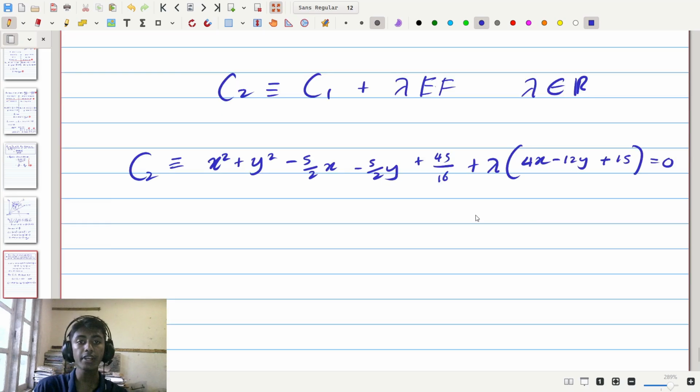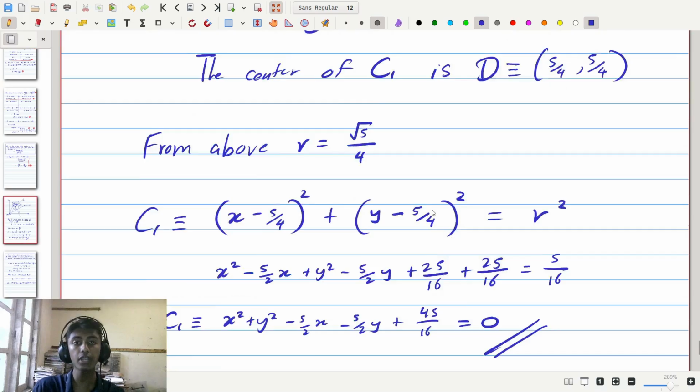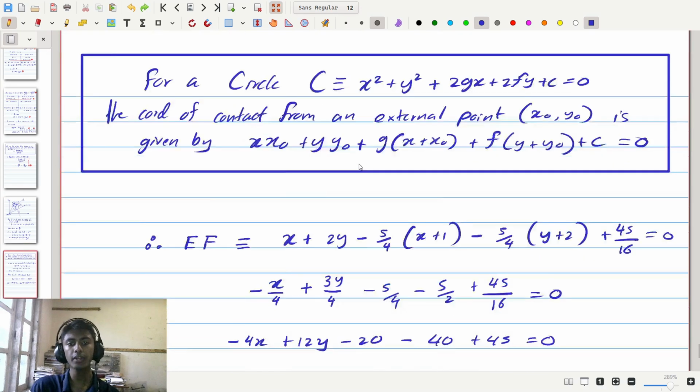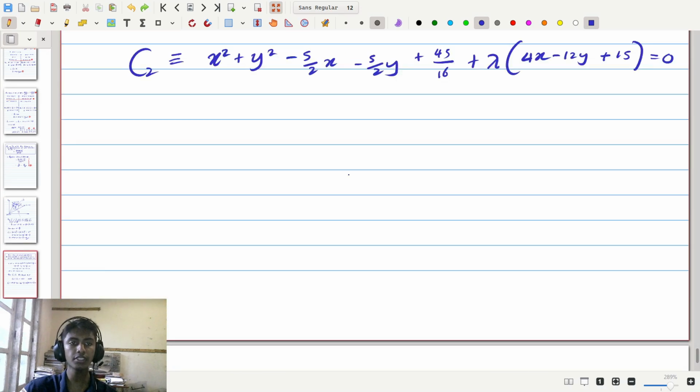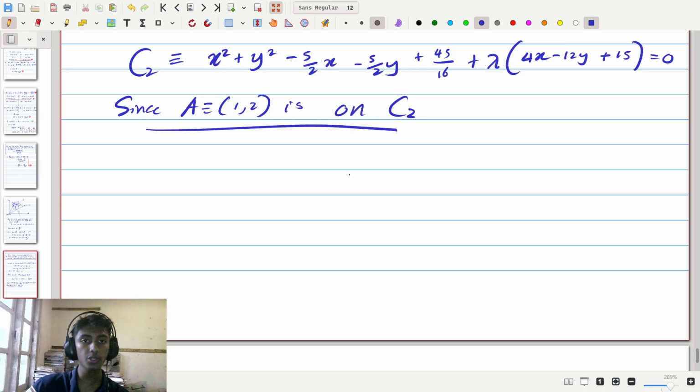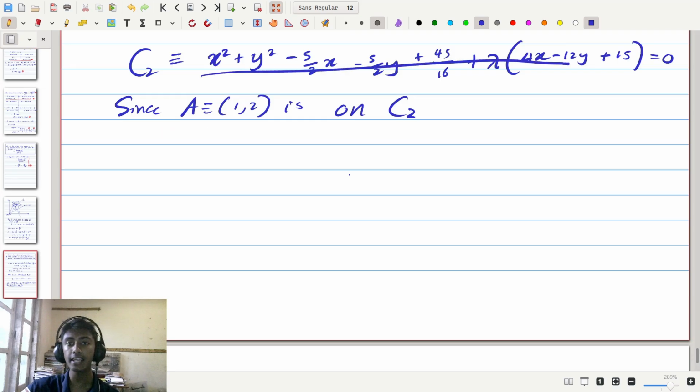Now, we also know that the circle C2 must pass through the point A, which is 1, 2. So since A, which is given by 1, 2, is on C2, substituting the coordinates of A in here should give us the correct answer.